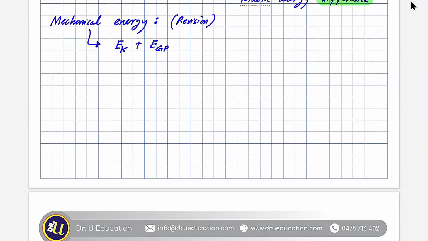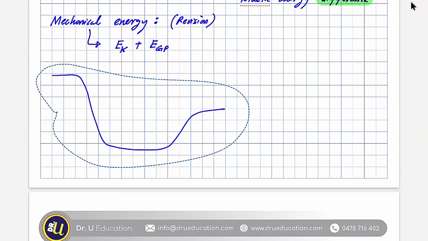So, if you think about a system like this, let me duplicate this one.